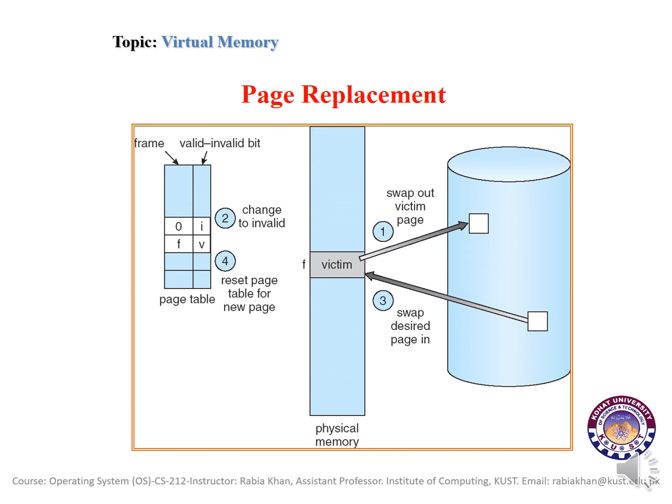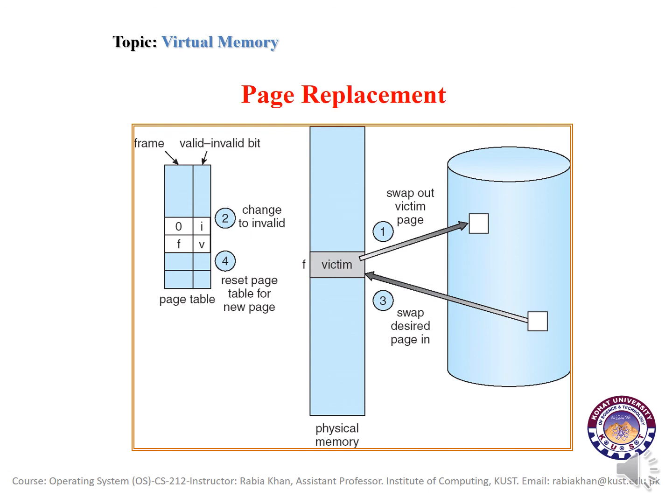If a free frame is not available, only then is the page replacement algorithm activated. The operating system selects a victim page present in RAM that has to be swapped out in order to create a free frame for the incoming page. The victim page is swapped out to secondary storage as shown in step 1, and its page table entry gets updated by resetting its valid invalid bit to 0 as shown in step 2.